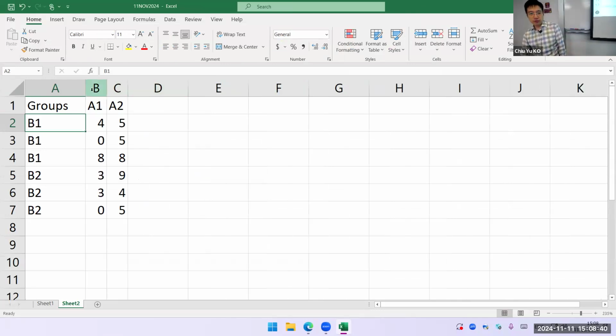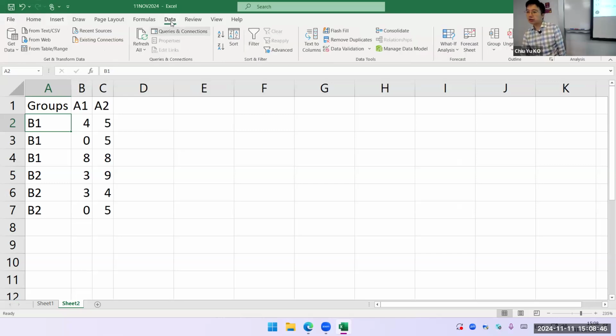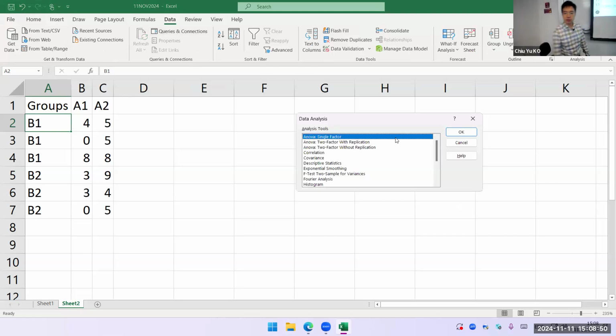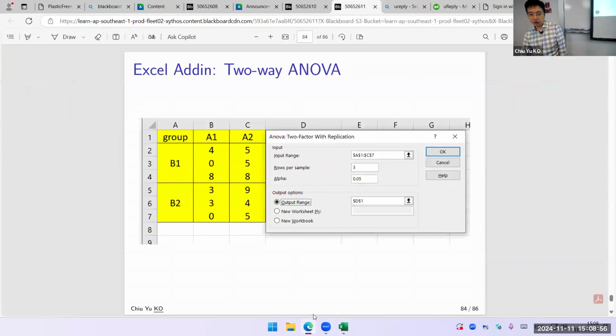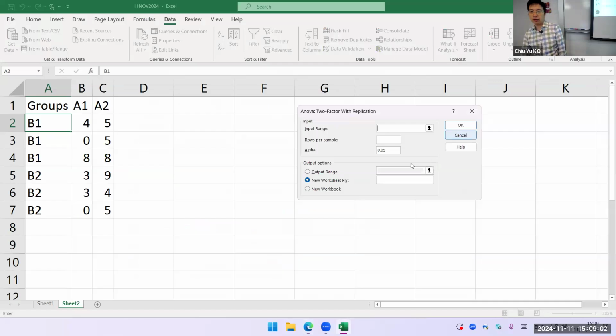So what we're going to do is show you the Excel. Data analysis. And we will choose the one that is two-factor ANOVA with replication.